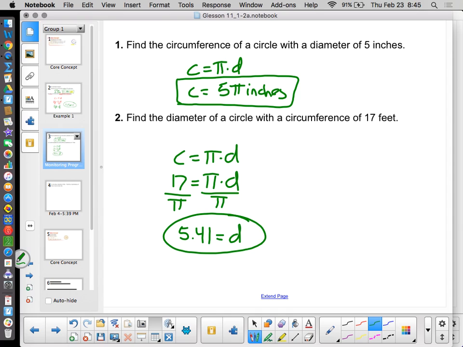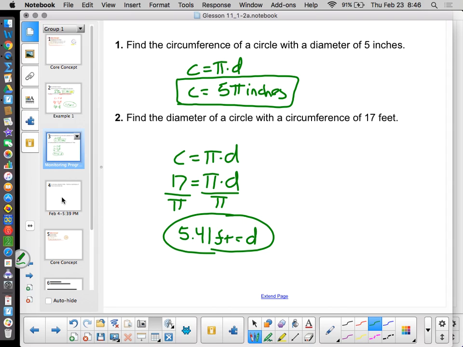Notice we're always going to 2 decimal places when we're approximating. That's a general rule of thumb. Since we approximate pi at 3.14, we stick with that 2 decimal place. What did I forget here? I forgot my context. Shocking. 5.41 feet equals diameter.